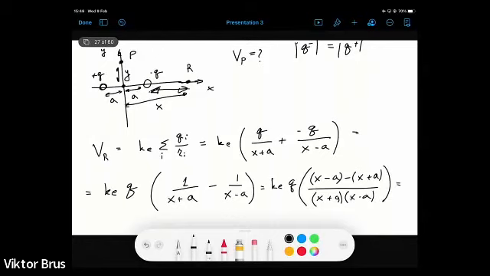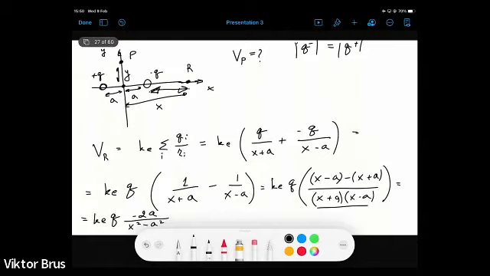So that is equal, we can write here, to k_e times Q. In the numerator, x will be cancelled, so it will be minus 2a, divided by x squared minus a squared.